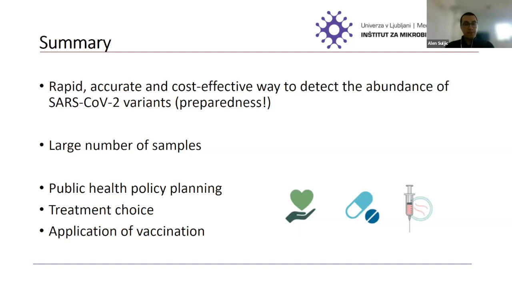It can serve as background information for informing public health policy planning, treatment choice, or application of vaccination. Our results indicate that spike screening can successfully complement the individual case complete genome sequencing strategy by sacrificing less informative parts of the gene.